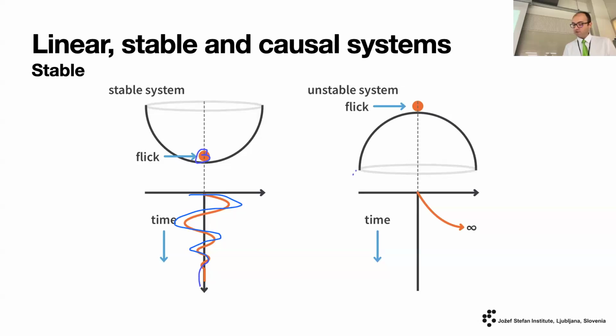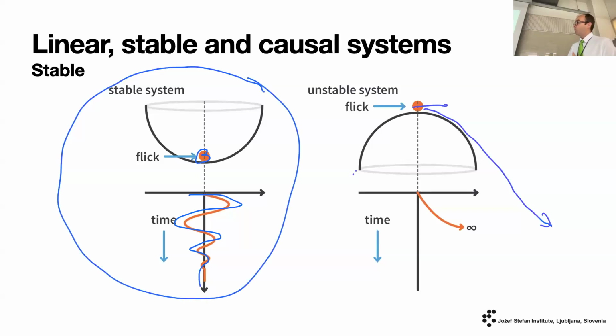But if I have the ball upside down and if I flick the marble, it will just fall off and go to infinity. So we are focused on stable systems. One would say that unstable systems should not exist. They will anyway destroy themselves.